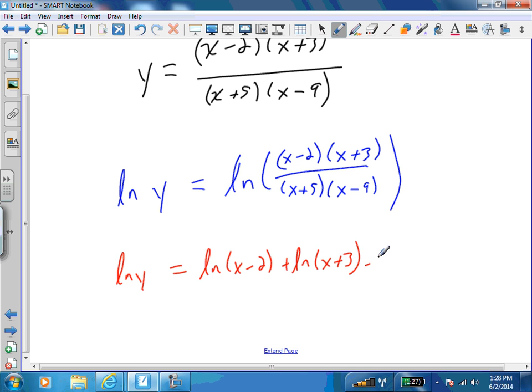All of the factors that are in the denominator, those are minus natural logs. So natural log of each factor, natural log of x minus 2, natural log of x plus 3, natural log of x plus 5, natural log of x minus 9. The ones on the numerator, those terms are positive. The ones on the bottom are negative.